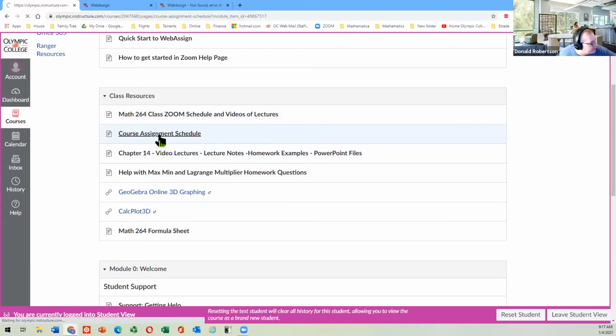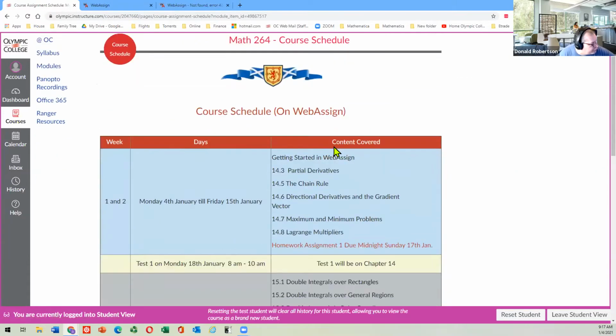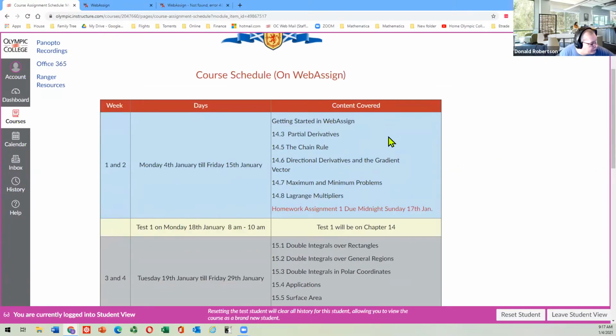Let's look at some stuff here. If you click on this, you will see the first 2 weeks, what we're going to cover. So it's going to be starting at 14.3, partial derivatives, and finishing at 14.8.